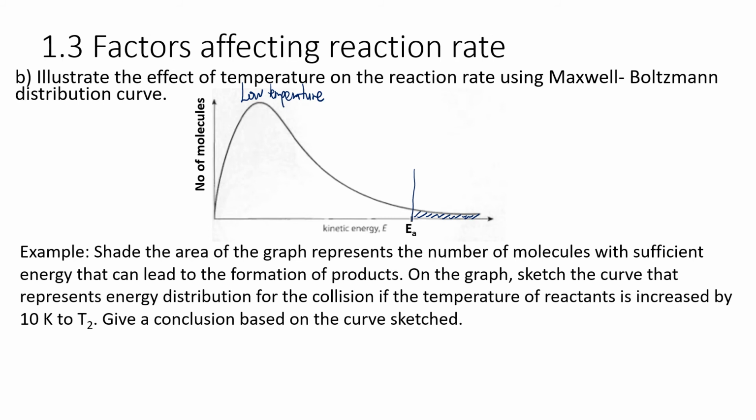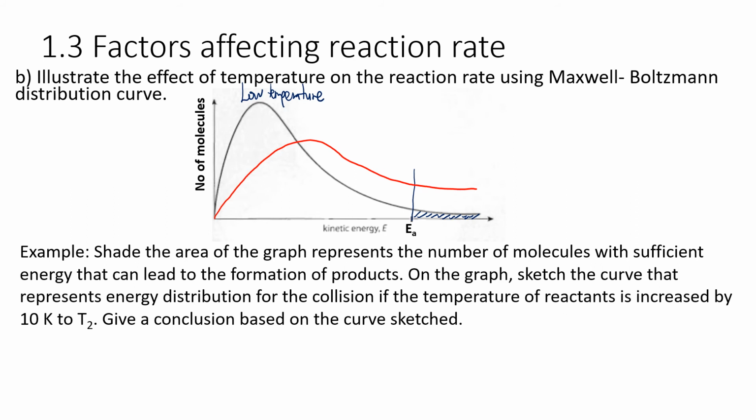However, at higher temperature, higher temperature means that now the reacting molecules will have higher kinetic energy. Therefore, the whole graph will shift to the right, move to higher kinetic energy.